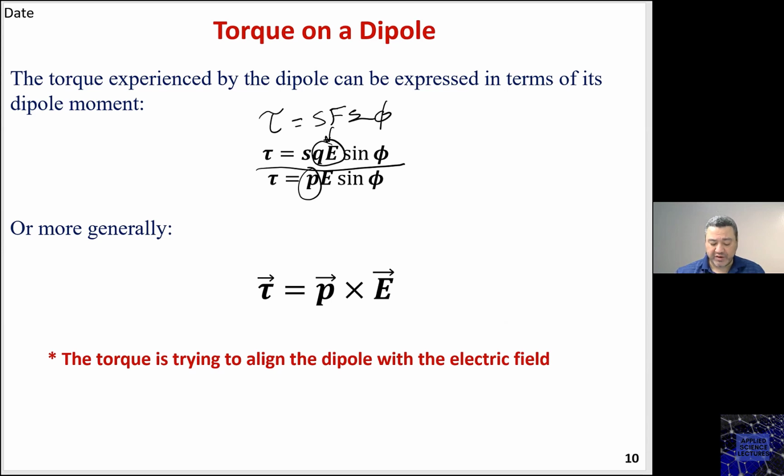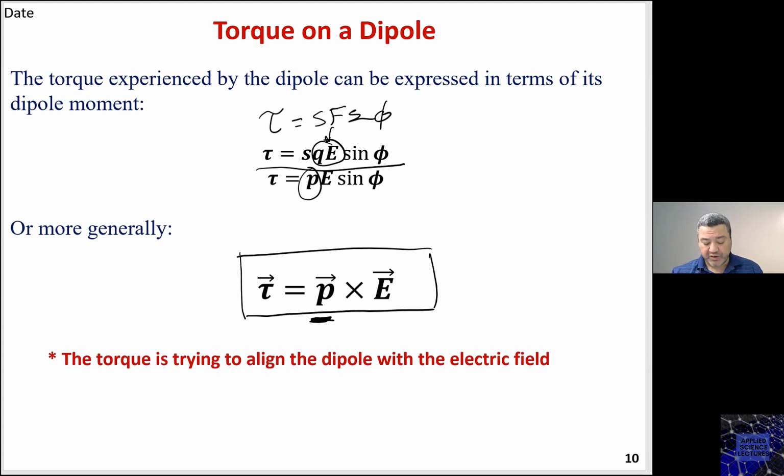have introduced earlier. So now we can rewrite the torque in terms of the electric field and the dipole moment. Why? Because we have said that there is a relationship between the dipole moment and the electric field. The dipole moment always tends to align with the electric field such that it becomes parallel with the electric field.